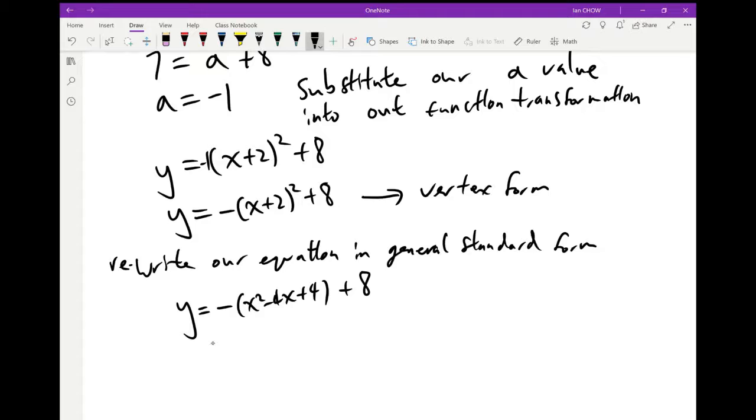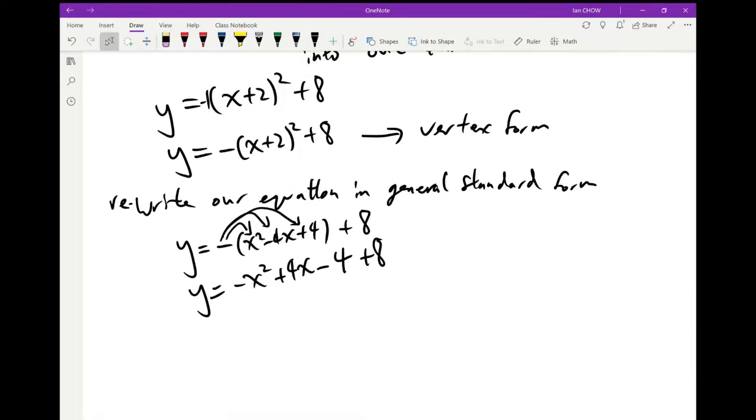And then I'm going to apply the negative into all of the three values. y is equal to -x squared, minus 4x, minus 4, plus 8. And then finally combine the -4 plus 8, we have y is equal to negative x squared minus 4x plus 4. So that is our general standard form of the transformed function. This is the new equation, function equation.